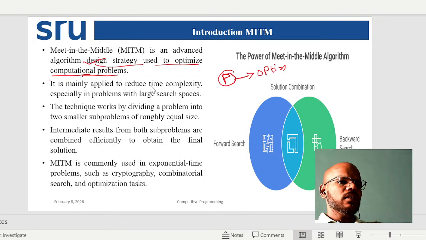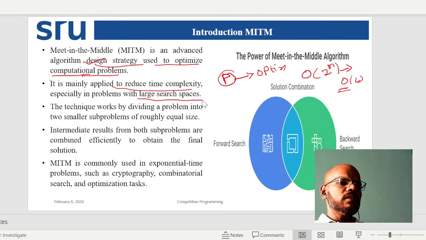Second one, it is mainly applied to reduce the time complexity. That means that if any problem is taking big O of 2 power n, right? So it is reduced to a time complexity of some big O of linear or something. I am just saying it as an example, it is not necessarily the same, especially with a large space.